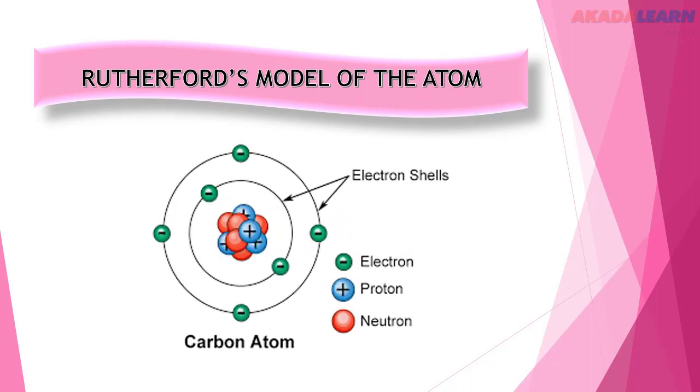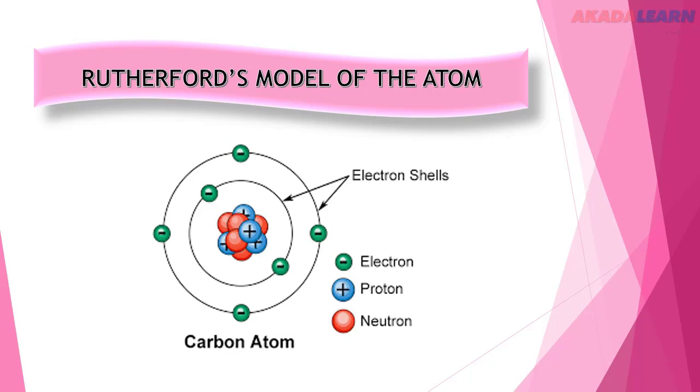So now, let's look at Rutherford's model of the atom. Rutherford told us that the atom has a central core where the positive charges are situated. The protons are the ones you can see in blue, they are positively charged. The neutrons are the ones you can see in red, they do not have any charge.